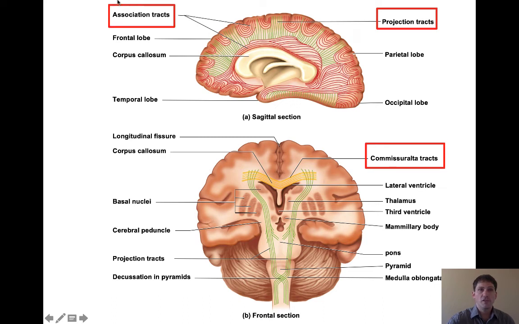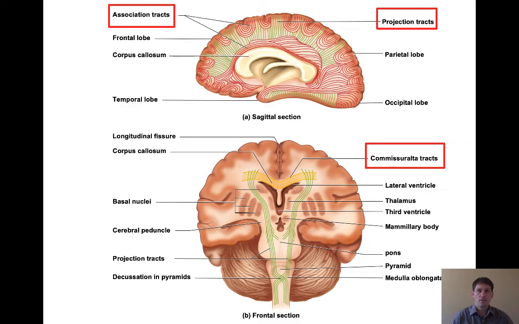And we have association tracts that are connecting different parts of the same hemisphere together. So now what we're doing is we're sending that information that's coming in to different regions in our brain to help make meaning of what is going on with that information.